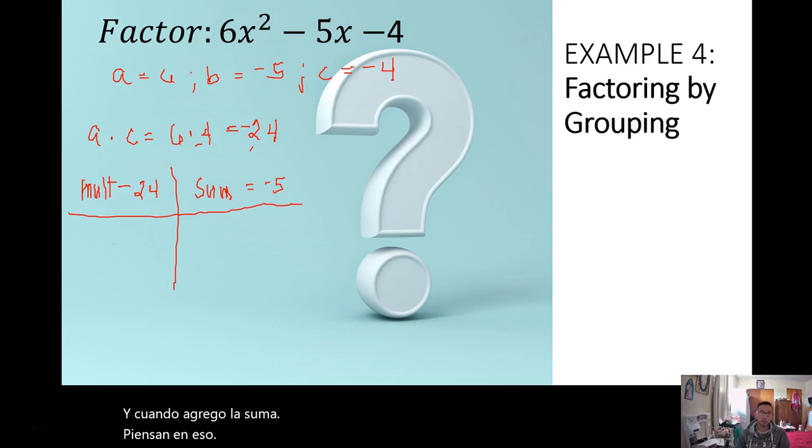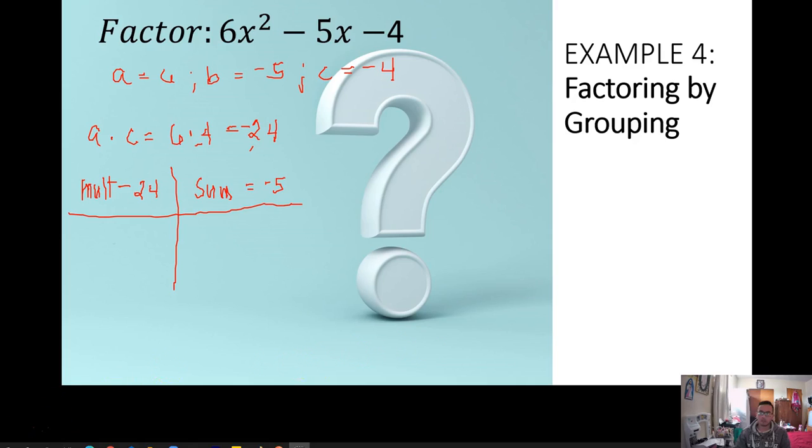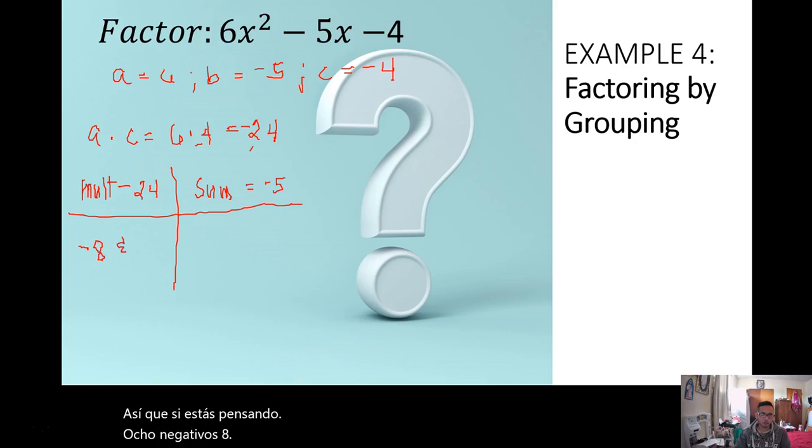What are the two numbers that if you multiply will give you -24, but if you add, will give you -5? So if you're thinking 8, -8, and +3, you are right. So 3 minus 8 is negative 5. 3 times negative 8 would give us negative 24.